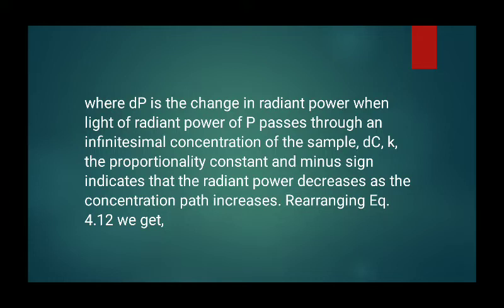K2 is the proportionality constant, and the minus sign indicates that radiant power decreases as concentration increases.